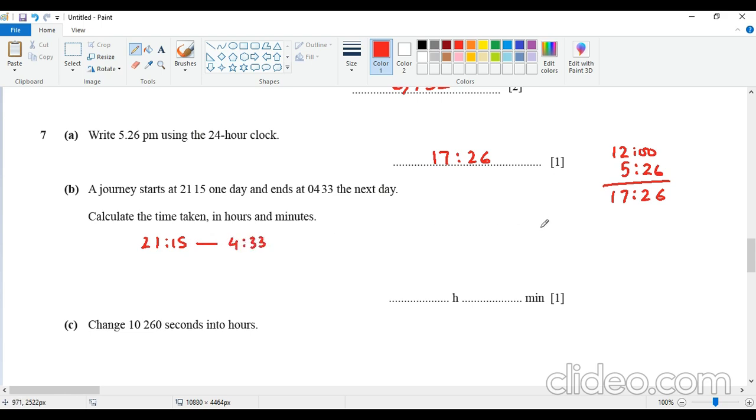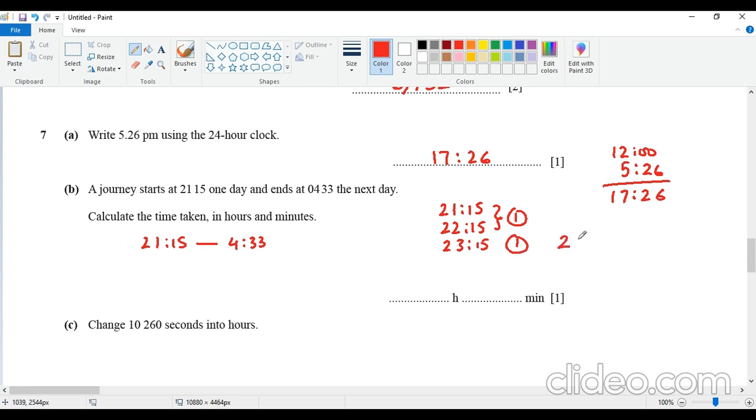So in reality, what is happening here is from 21:15 to 22:15 is 1 hour, right? And 22:15 to 23:15 is going to be your another hour. Now 15 to 00, midnight, is going to be 45 minutes extra.